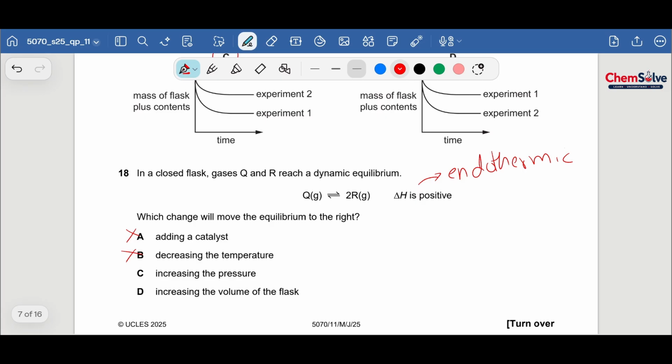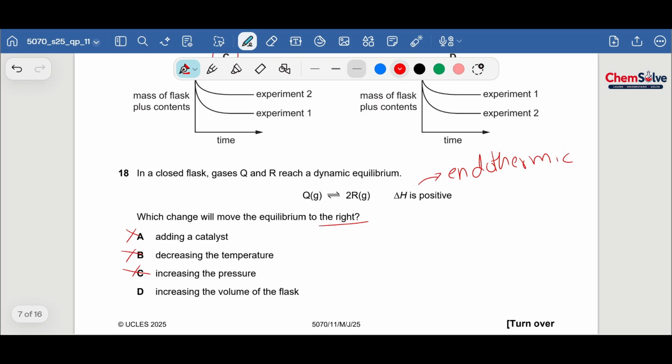Okay, option C, increasing pressure. Increasing pressure will favor that side of the equation in which there is a smaller number of moles. The smaller number of moles is on the left hand side, so the reaction will move towards the left, so it is also incorrect because we have to move the reaction towards the right.